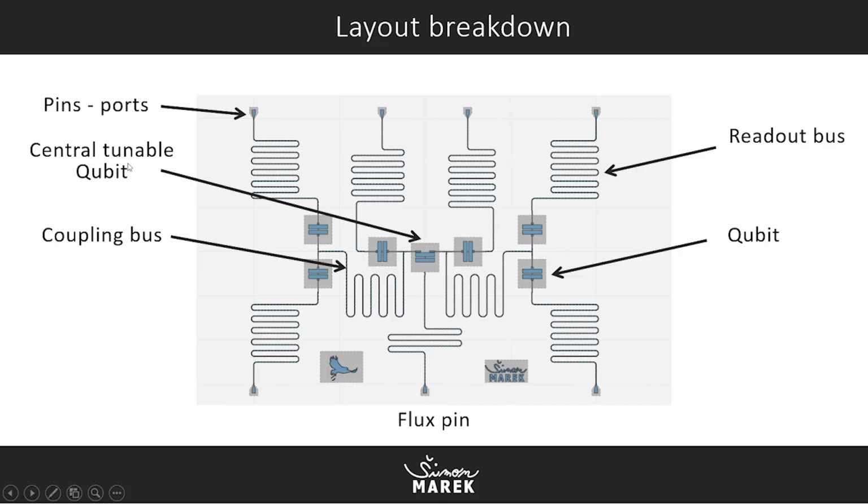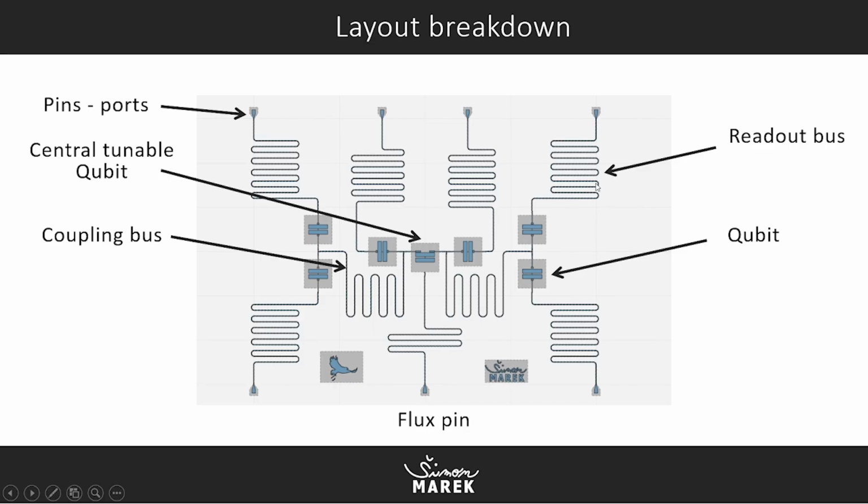Next, we have the central flux tunable qubit, which is here. We have normal connections to other qubits, but one additional flux tunable pin port. Then we have the coupling bus. We just simply connect our qubits by this.